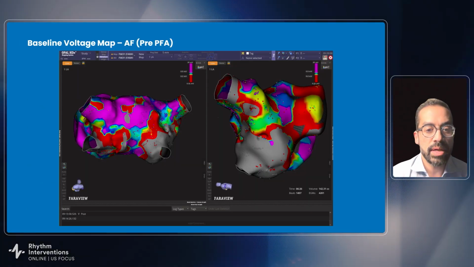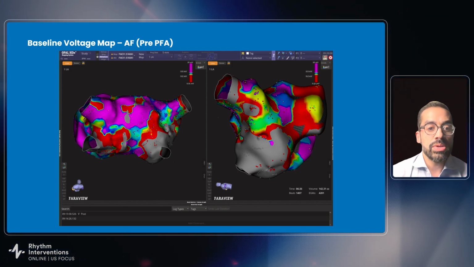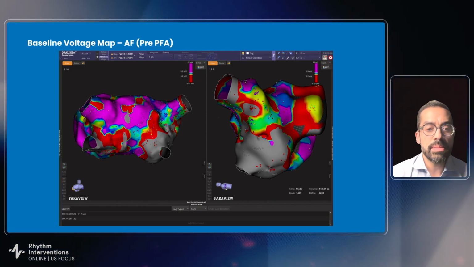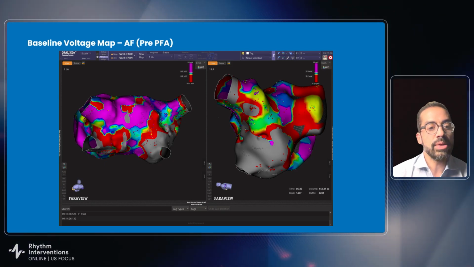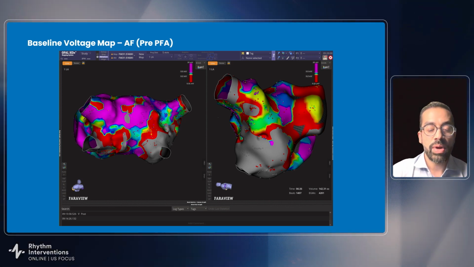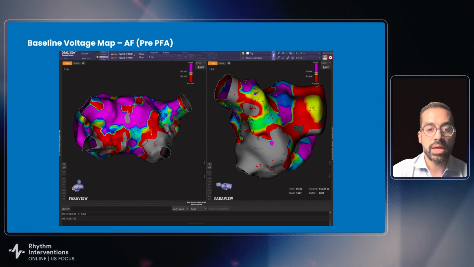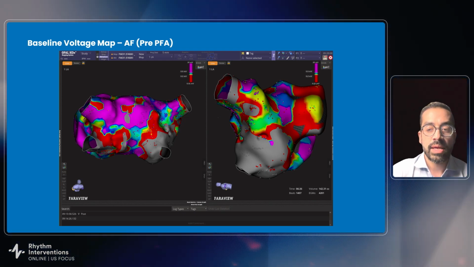So this is a FARAVIEW map, and you can see it's a relatively low density map, but nonetheless gives us the lay of the land, which generically shows what we'd expect in a patient with persistent atrial fibrillation, with heterogeneous voltage across the posterior wall. And if you look at the right lateral view, what we see is low voltage anterior to the right veins.